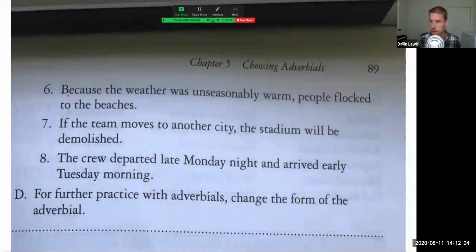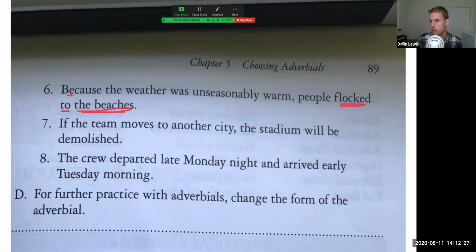Let's try this. There we go. To, we might think is part of the infinitive form, but we are not followed with a verb. We're followed with a noun, the beaches, a noun phrase. So this is actually a preposition. So we have to think, is this an adjectival or an adverbial prepositional phrase? And it's adverbial because it's modifying to where they flocked.